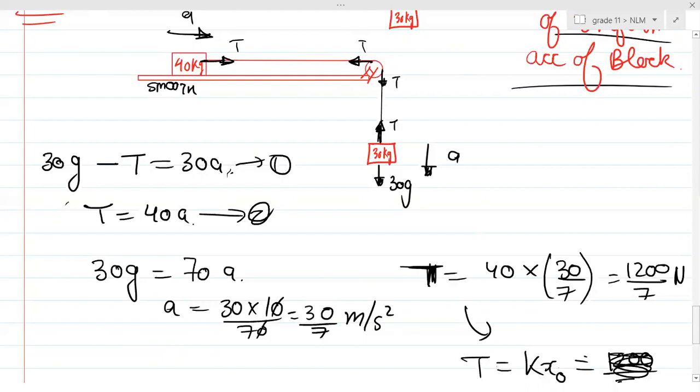These are the answers. This is the DPP 6.25.